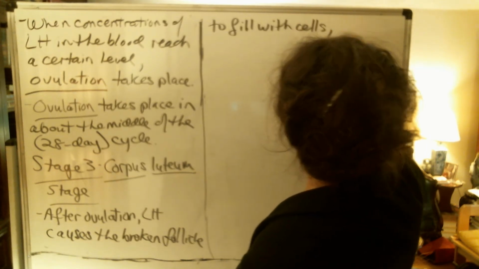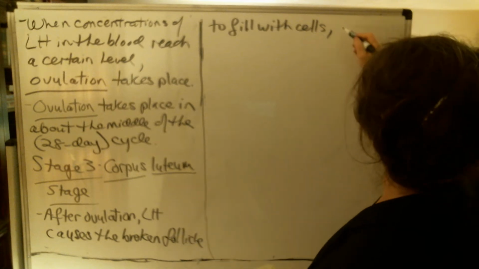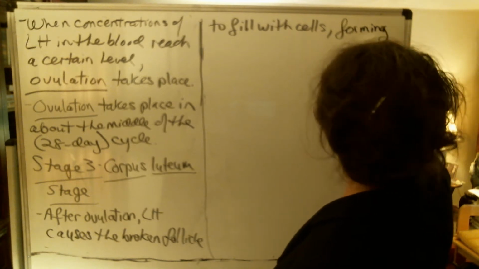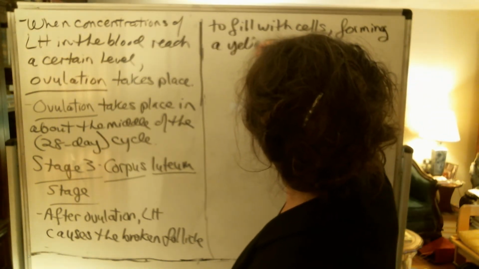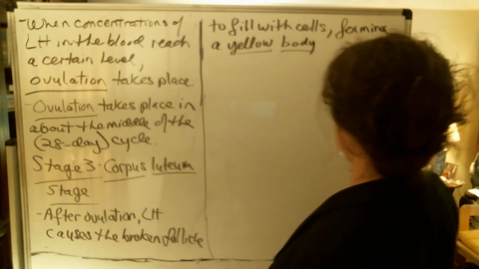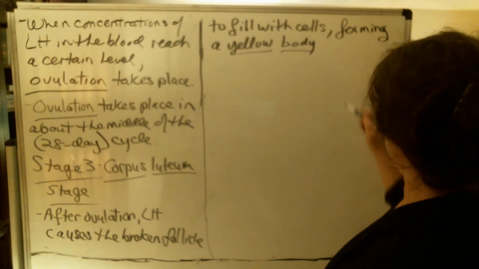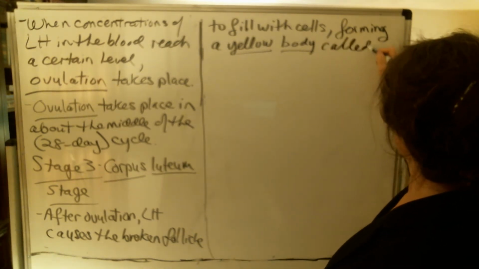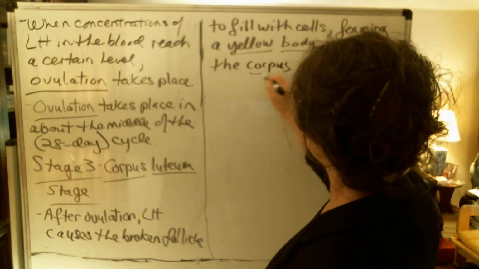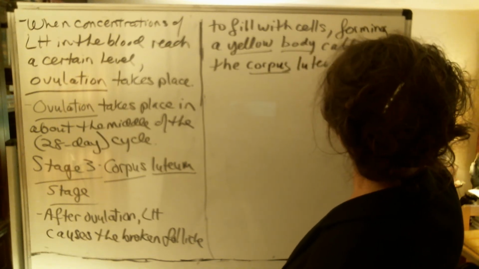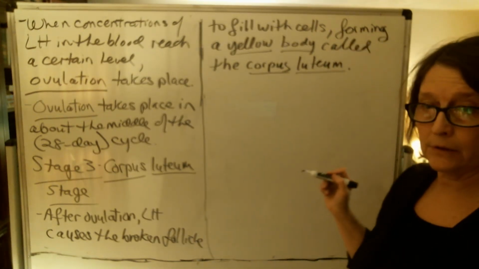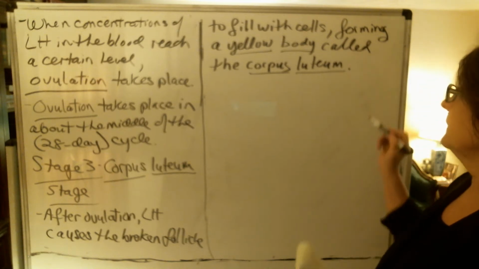It just got rid of the egg, and now it's filling up with some other cells, forming a yellow body, called the corpus, which means body, luteum, which means yellow. So the corpus luteum is just yellow body in Latin.